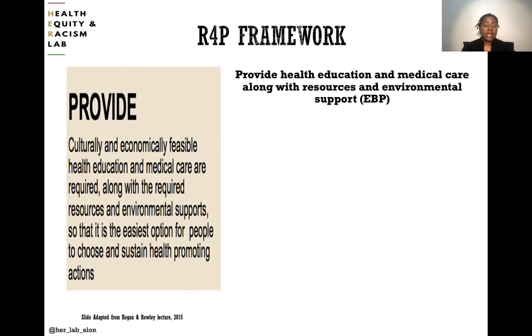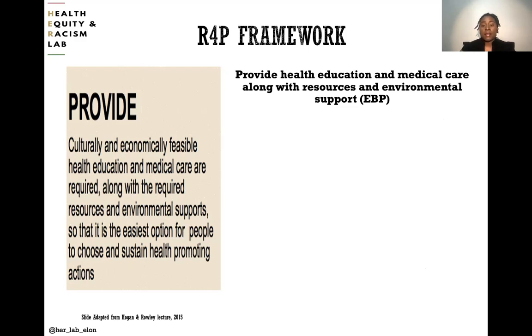And so we've arrived at the P, the provide component of the R4P framework. This is about providing health education and medical care, along with resources and environmental support, evidence-based practice, something that we focus on a lot in public health.